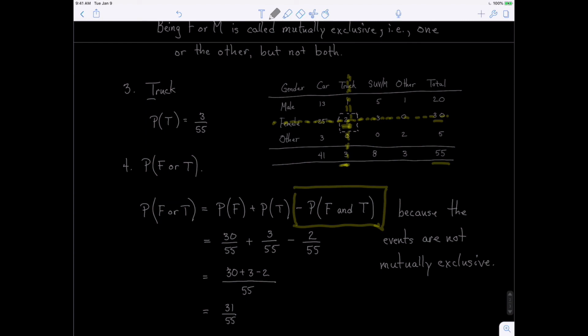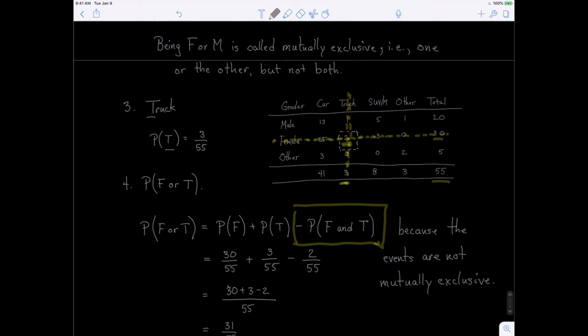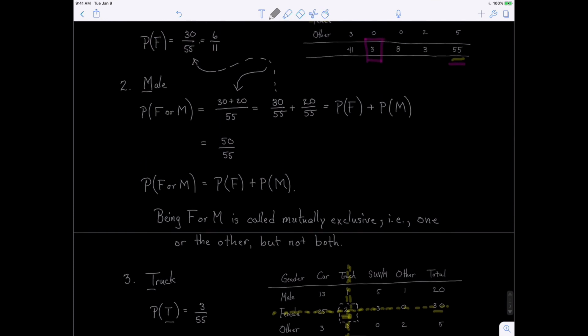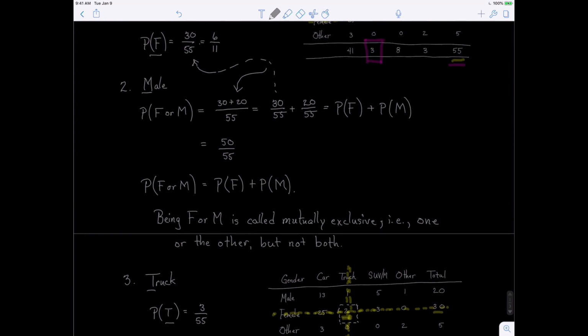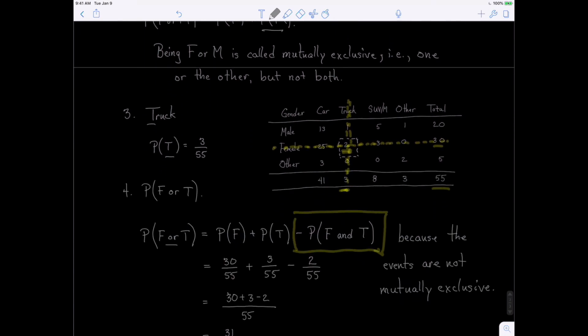And that is how we take probabilities from a table that are either mutually exclusive or not mutually exclusive. But the key to all of these problems is that you're either looking for a single event, like a truck, or a female, or a single males, or you have this or piece. And notice that the or told us to add.